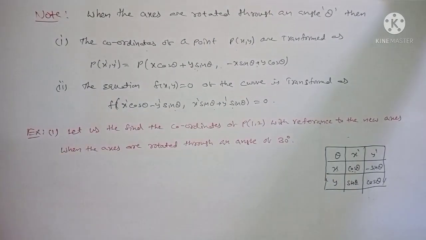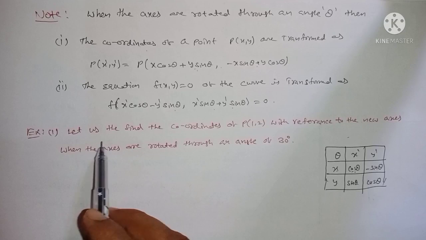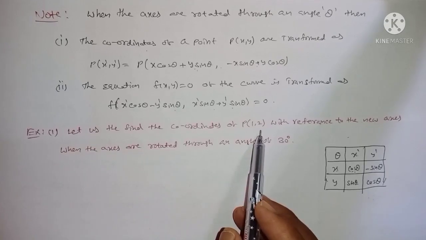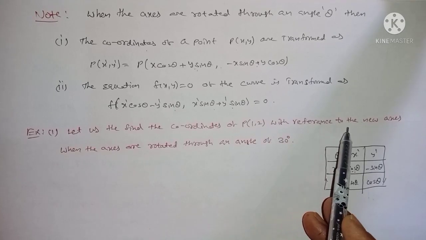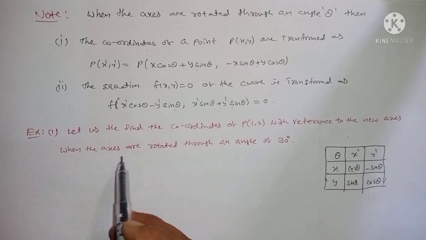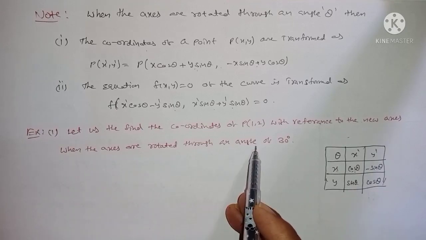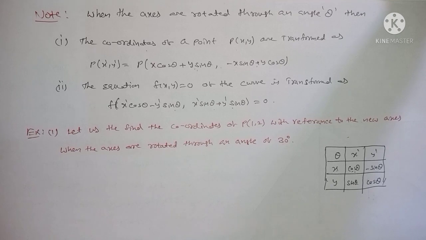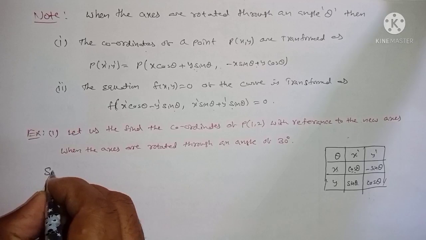This is a note. Let us see one example: let us find the coordinates of the point P of 1 comma 2 with reference to the new axes when the axes are rotated through an angle theta of 30 degrees. Okay, theta is 30 degrees. Solution: observe here.